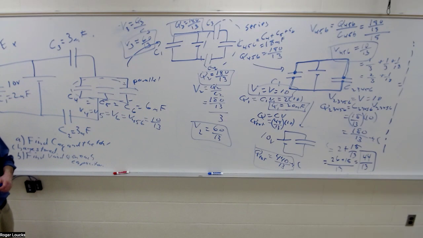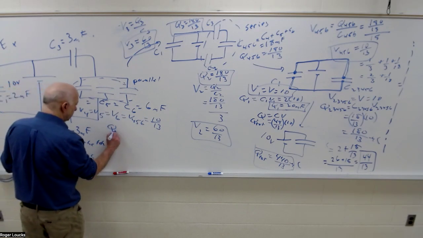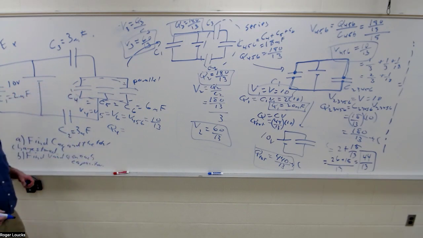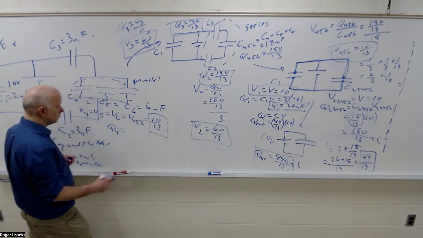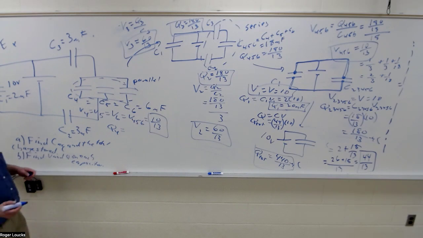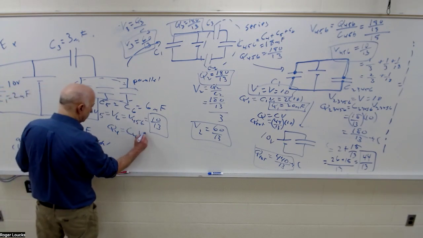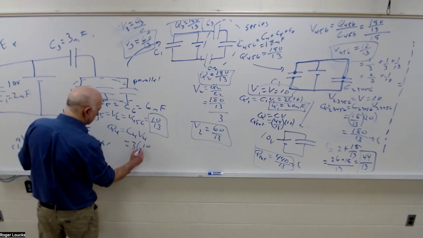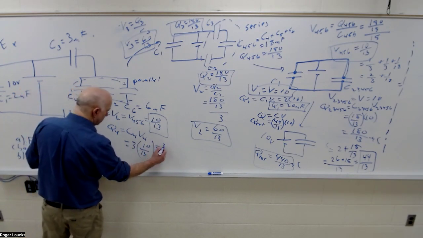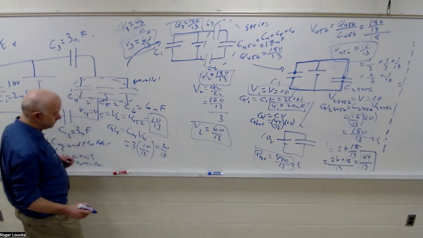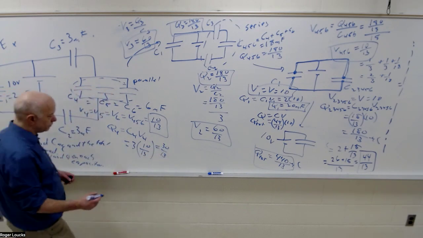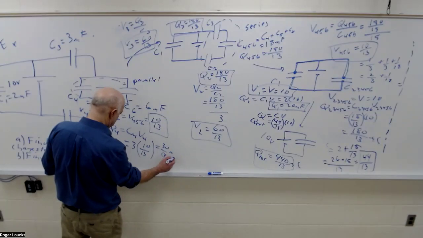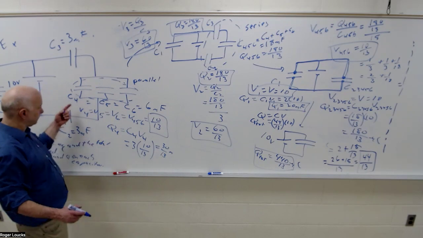Okay, so tell me what Q4 is going to be. Voltage times capacitance. It's going to be C4 V4. So this is going to be 3 times this 10 over 13, which is 30 over 13. Oh, 6, thank you.